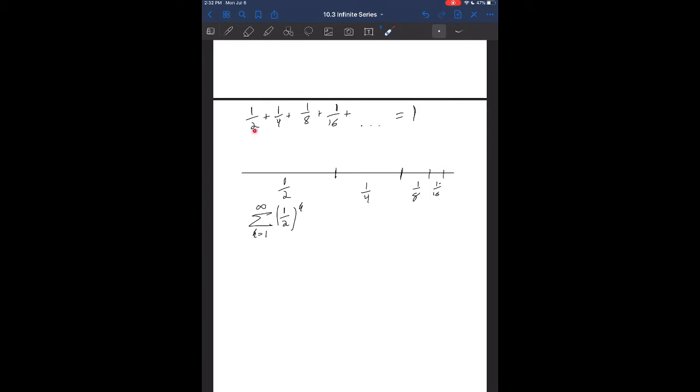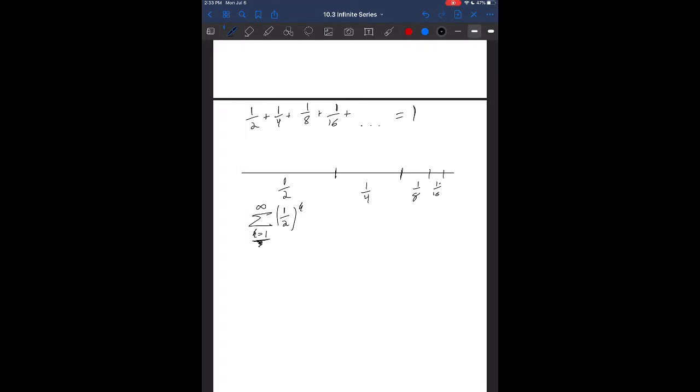What this does in this case is it is starting at 1/2, so k equals 1, k equals 2, k equals 3, k equals 4, so on and so forth. The problem with this, however, is that I have a k equals 1 here instead of a k equals 0. So this does not directly fall into our definition of this geometric series.